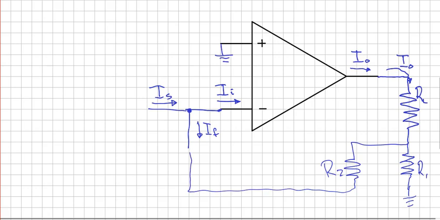So I'll just run it over here and put it into I_F. But it also needs to have the same voltage across it as R1 here. In other words, it also needs to go to ground. Now, fortunately, that happens in this situation because, remember, we now have negative feedback through this R2 resistor, which makes the voltage at the negative terminal, the inverting terminal here, the same as the voltage at the positive terminal, which we connected to ground.